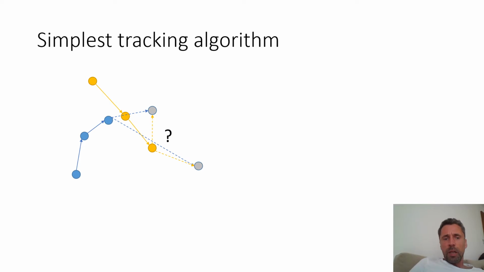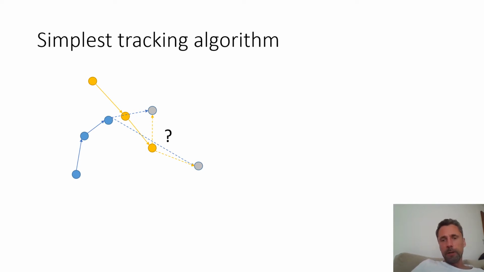And the question now is, okay, do we connect this blue detection with this candidate or with that? And do we connect this yellow detection with this candidate or with that one? And obviously, you probably have an idea and would connect this candidate with this detection here and that one with this one. But how do we actually determine this?